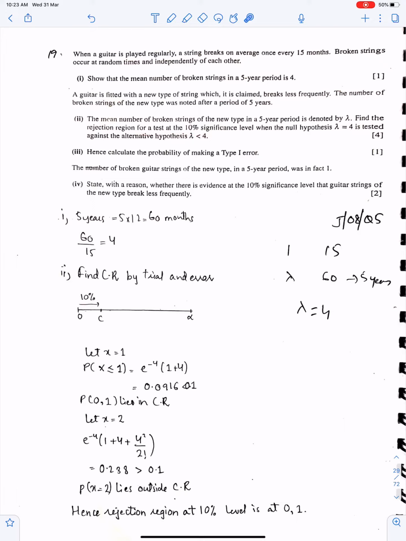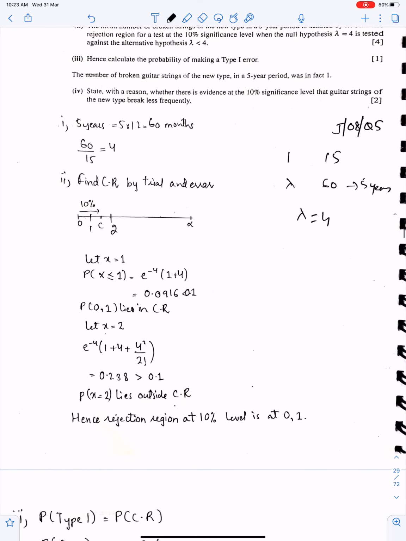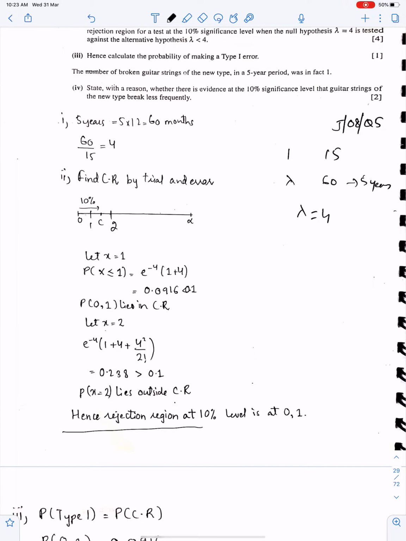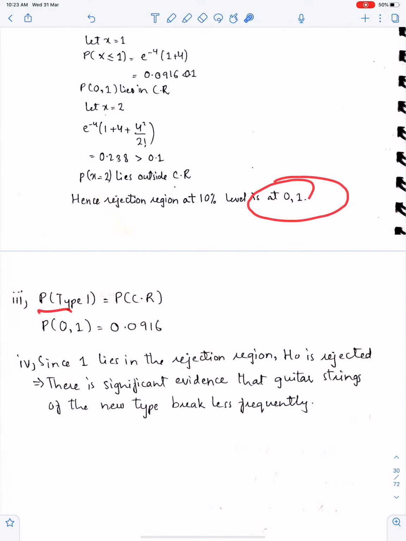This probability is less than 10%, or 0.1, so 1 lies in the critical region. Try 2. This probability is greater than 10%, so 2 is not in the critical region. 2 is in the accepted region and 1 is in the critical region. So the critical region is 0 and 1, and you know the probability of type 1 error is the probability of the critical region.